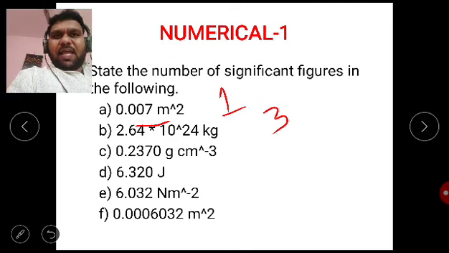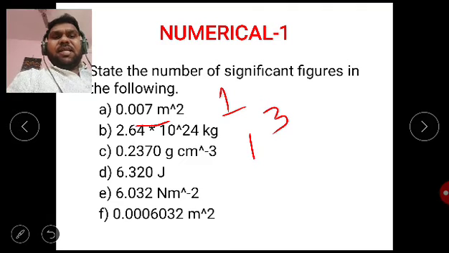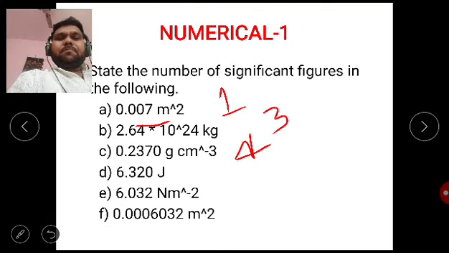So whenever we are having a trailing 0, we will consider it as a significant figure. Okay, so 0 is at the end. Trailing zeros are considered significant. So we will have 4 significant figures, 2, 3, 7, 0. So we will have 4 significant figures in this case.